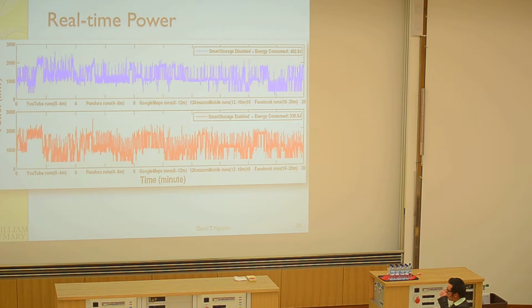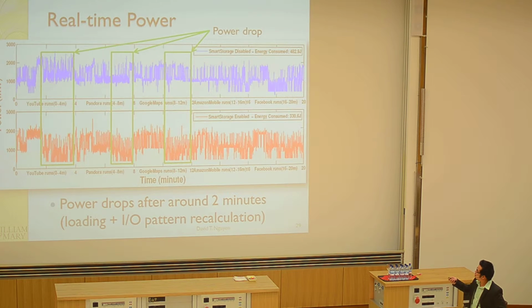So let's take a look at the figure first. Take a look at these parts that I highlighted, for example, U2. When smart storage is disabled, the average power is around 1200-ish.